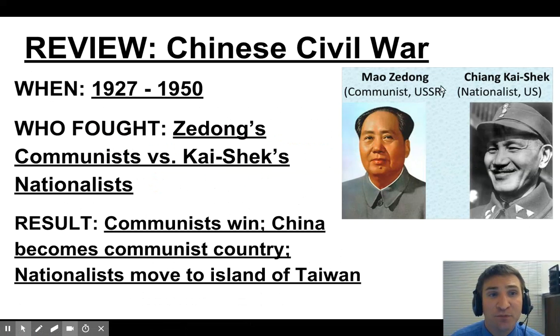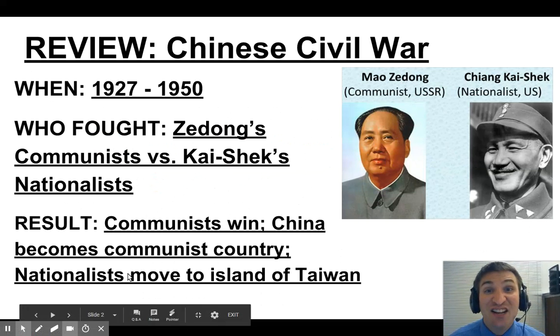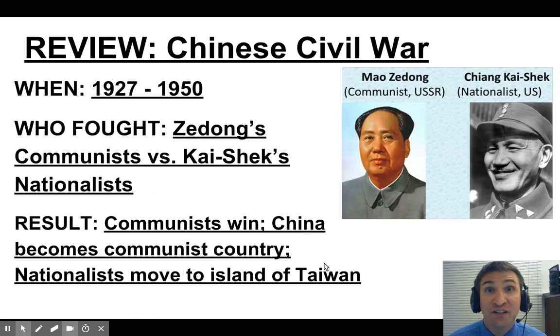The USSR backed Mao Zedong. The United States backed Chiang Kai-shek. What was the result? Communists win, and China becomes a communist country. And what happens to the losers? The nationalists move to the island of Taiwan, east of mainland China.